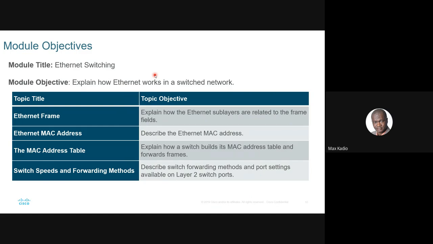Okay, so this is what we're going to explain more in EtherCAD, what a frame is, what is an Ethernet MAC address. We're going to describe the MAC address, what is the MAC address table, how it's built.